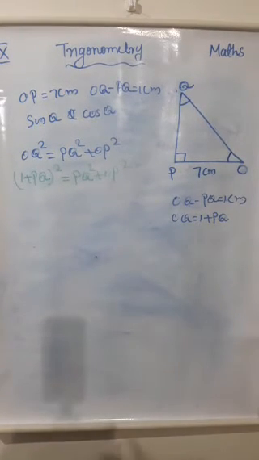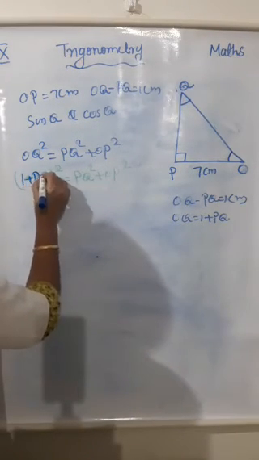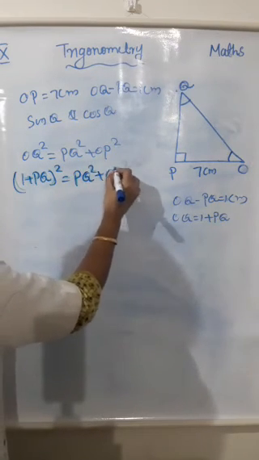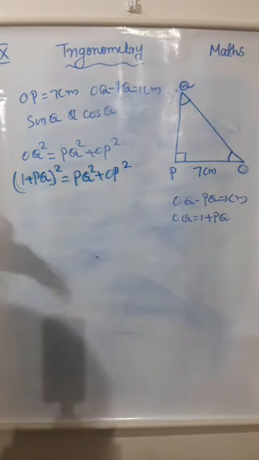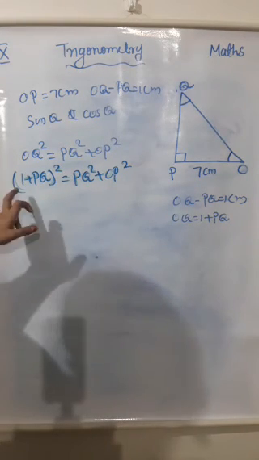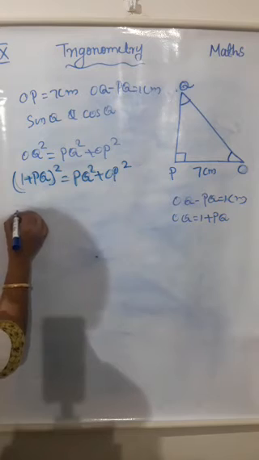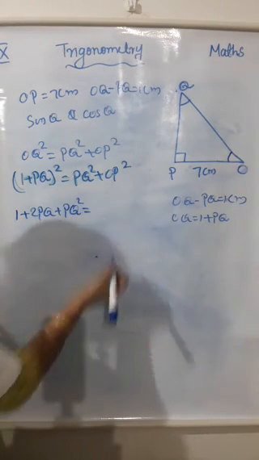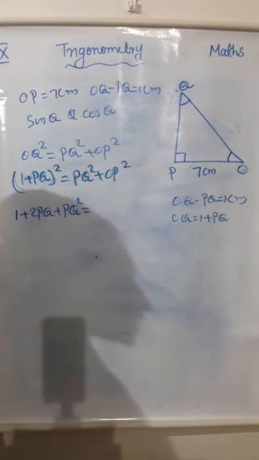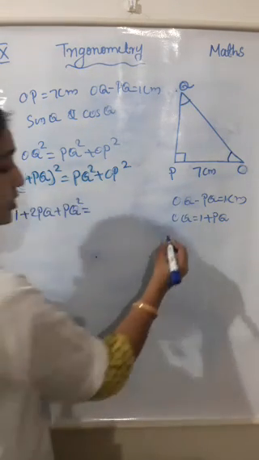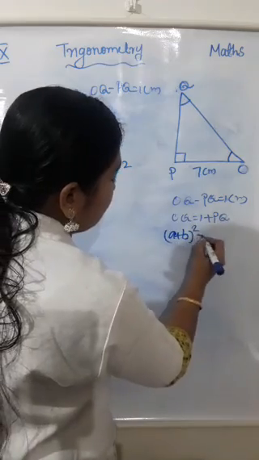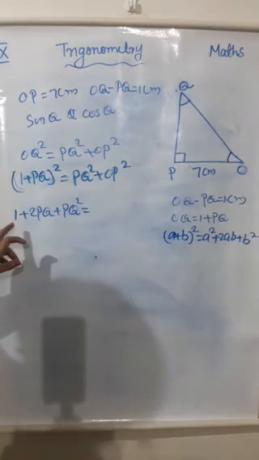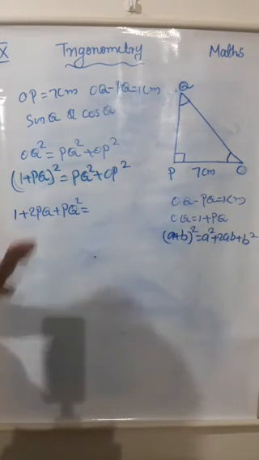Using the identity a plus b whole square is equal to a square plus 2ab plus b square, expand 1 plus PQ whole square, that is 1 plus 2PQ plus PQ square.